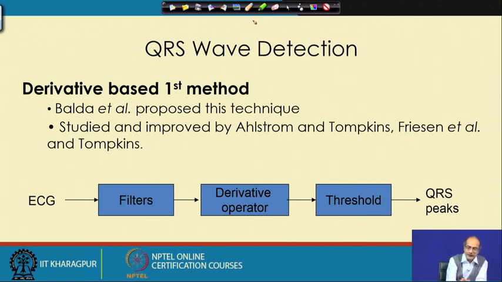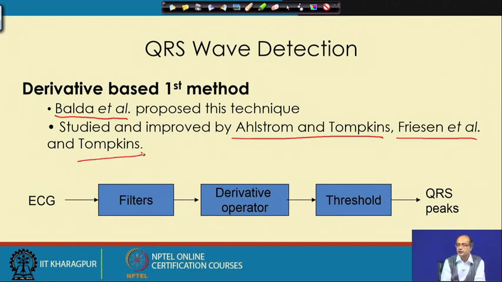It was presented first by Balda et al., and then it was improved by a number of researchers: Ahlstrom and Tompkins, then Friesen et al., and then again Tompkins in his book proposed some more changes. So, they have improved this technique, and we are going through this improved technique here.